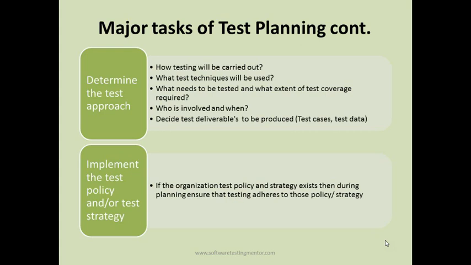Test strategy is what strategy you will use to do the actual testing. So in case there is a high level test strategy already available in the organization, you need to ensure that the test strategy that you are writing is in line with the organizational test strategy.